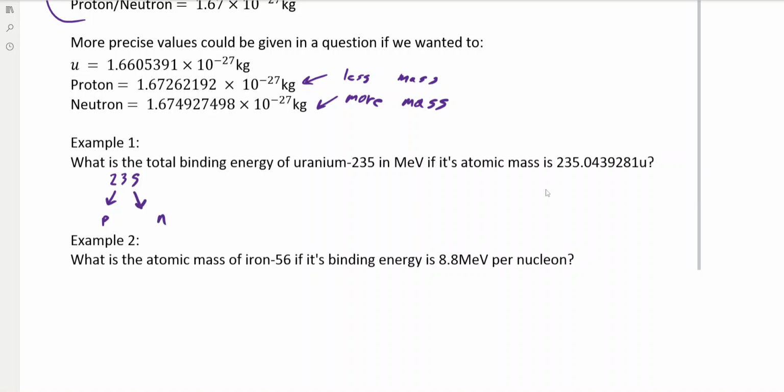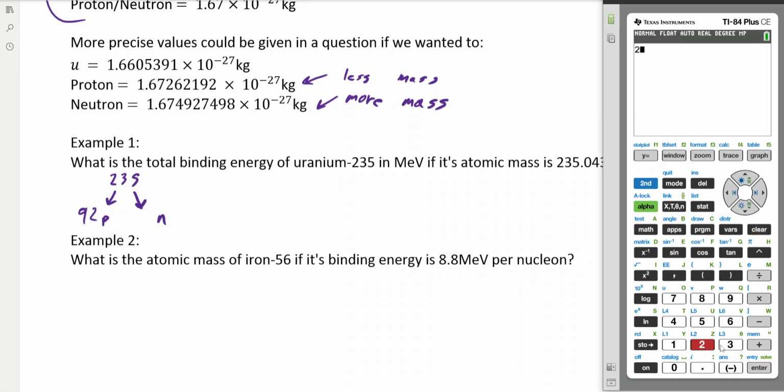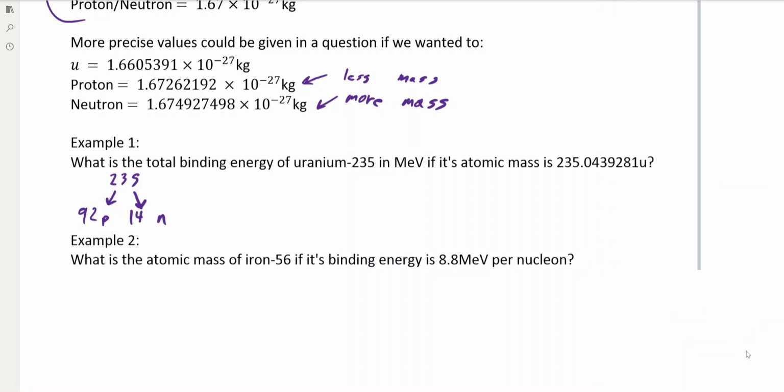Because it's uranium, it's going to have 92 protons, and if it has 92 protons, that must mean that it has 143 neutrons.